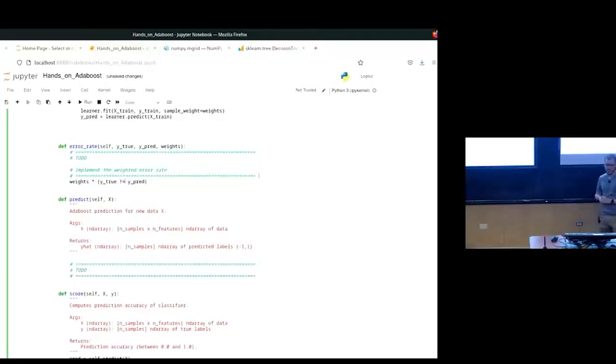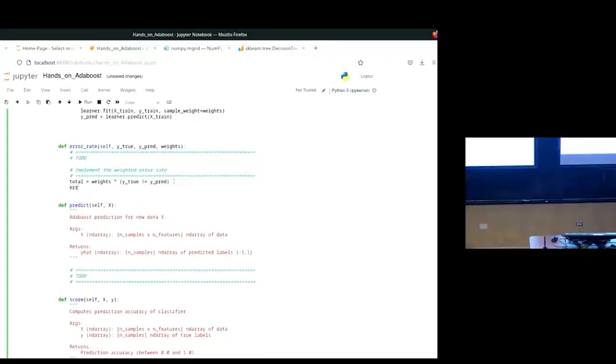False is treated as 0, true is treated as 1, so this is true when they are different and 0 otherwise. Let's call this total. Now the error rate is going to be the total divided by the sum of the weights.